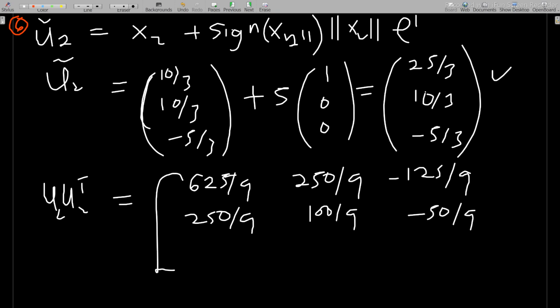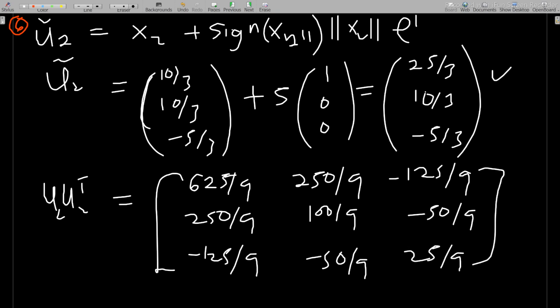I have negative 125 over 9, negative 50 over 9, and 25 over 9. This is my u2 u2 transpose. But u2 transpose u2, that is the value part, will give us 250 over 3.